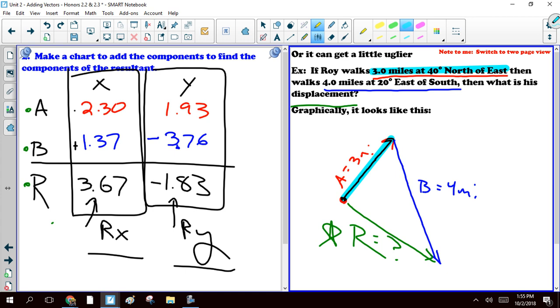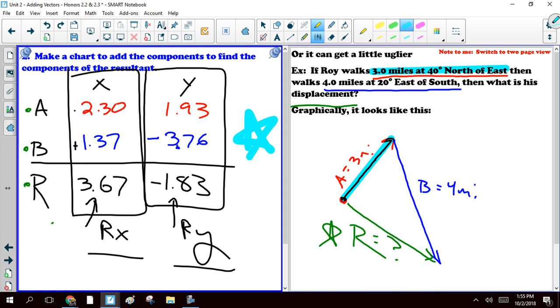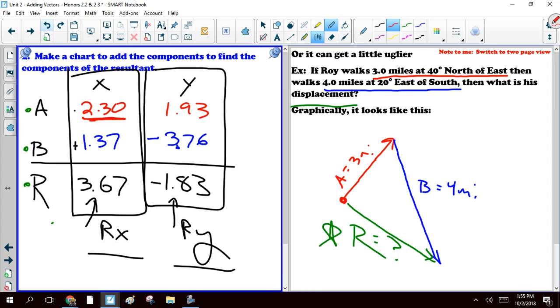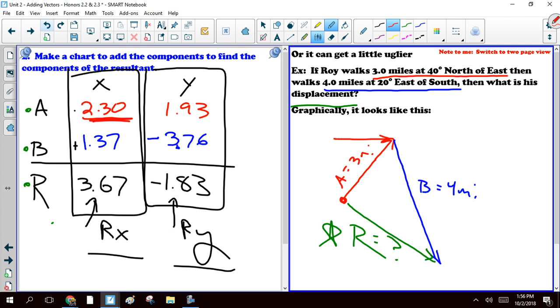So what this chart over here is really doing is this. Get rid of this blue. Undo, undo, undo. There we go. Okay, so what the chart is really doing is this. We're saying, all right, well, horizontally, vector A took me 2.3 miles east. So here's the 2.3 miles. That's my Ax, right?